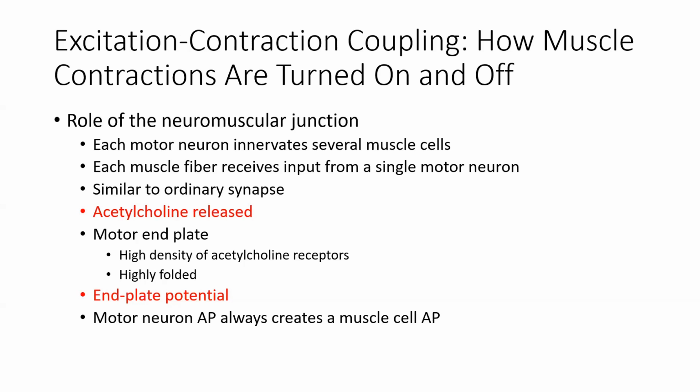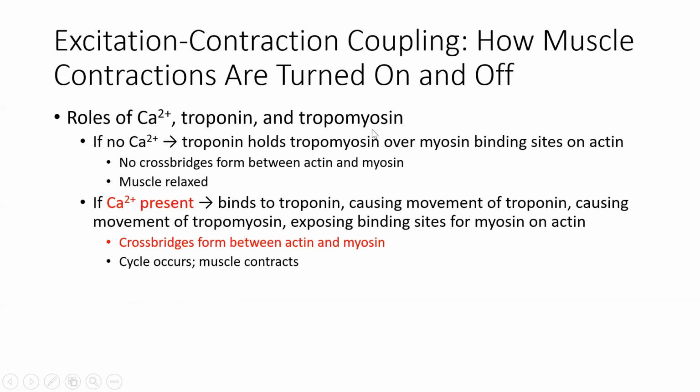And it's highly folded in order to increase the surface area, which will help to spread that end plate potential and convert that electric energy throughout the entire muscle fiber and bring about contraction.